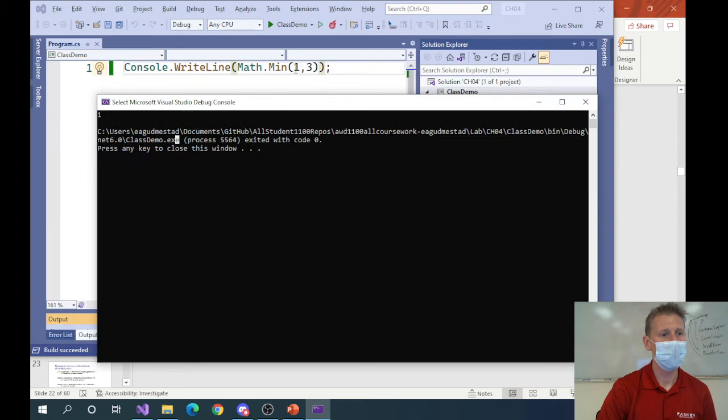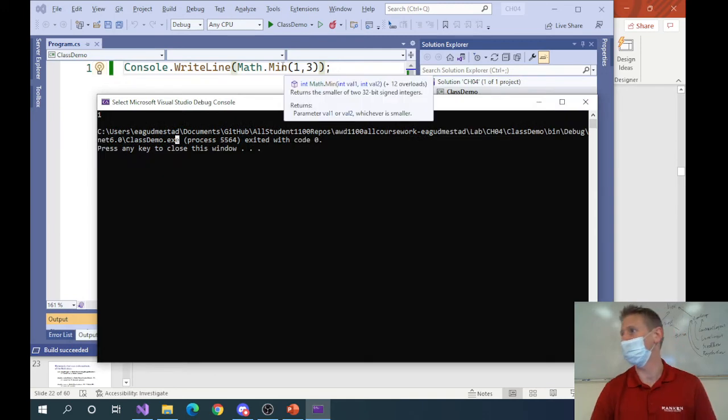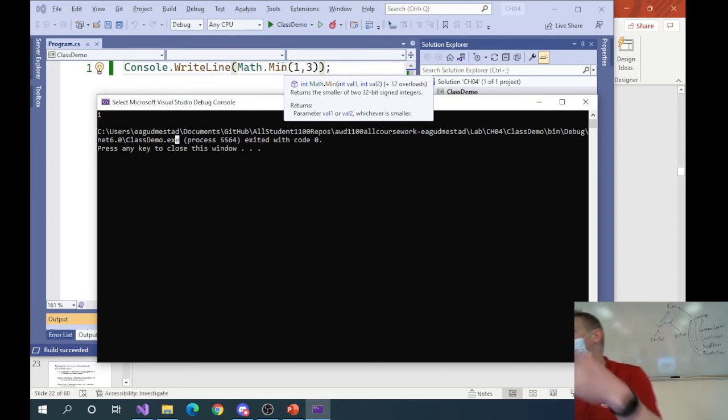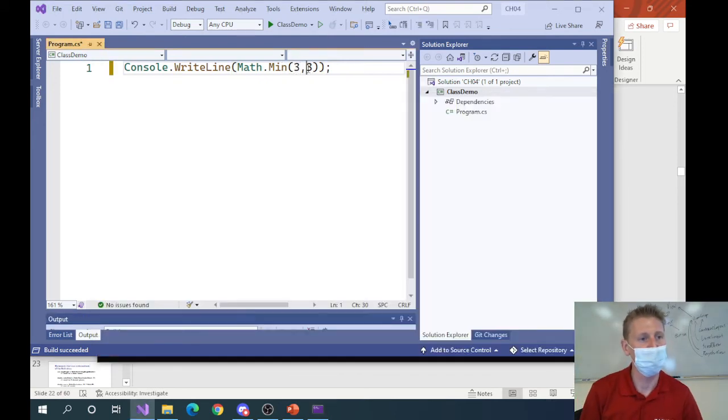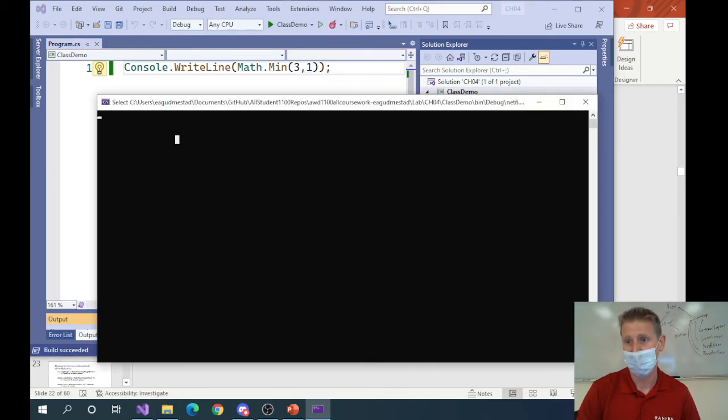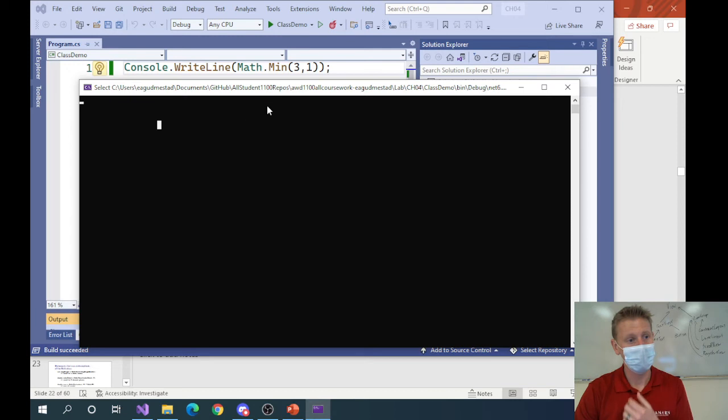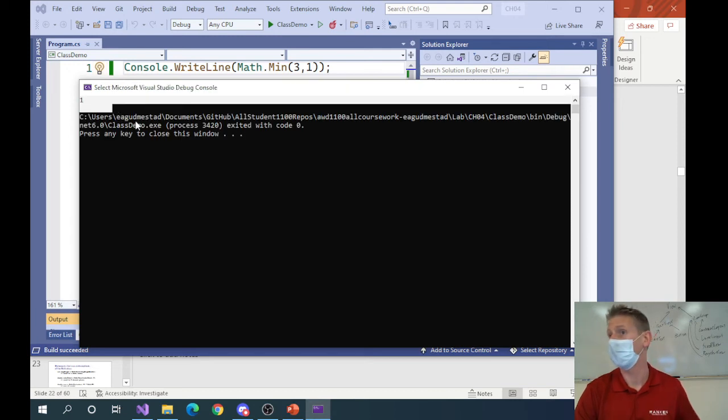So this is a method to basically say, hey, I got 2 numbers, I want to know which one's smaller. Hey, I got 2 students, one's 15, one's 30, which one's smaller? Who's younger? All right, so 1 comma 3, let's just even put our data backwards. We should still get 1. Sometimes it takes a while, but there you go.